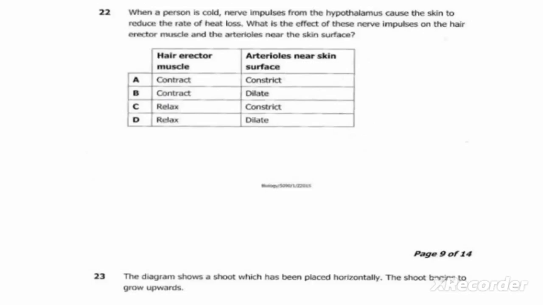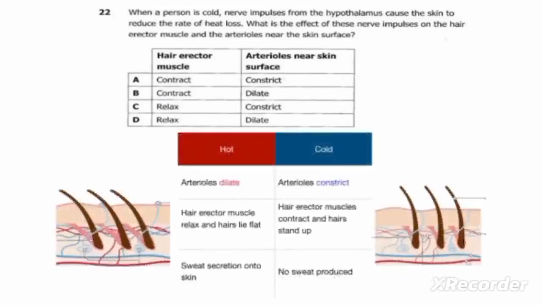Okay, so before we answer this question, let us make use of the information. When it is hot, the arterioles dilate, hair erector muscles relax, and hairs lie flat. The sweat circulates on the skin. When the day is cold, the arterioles constrict, hair erector muscles contract, and hairs stand up.